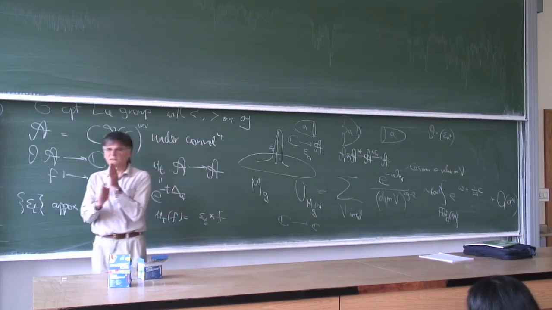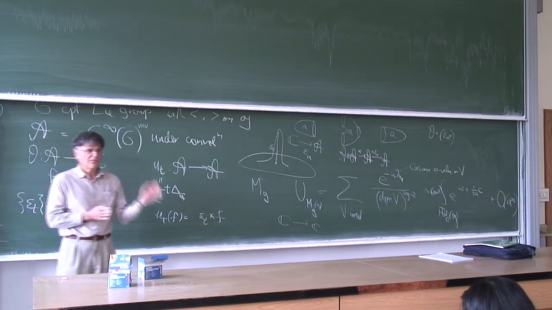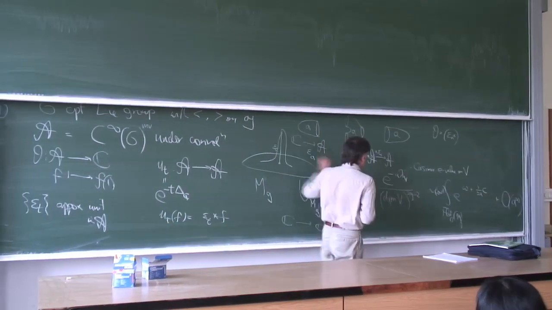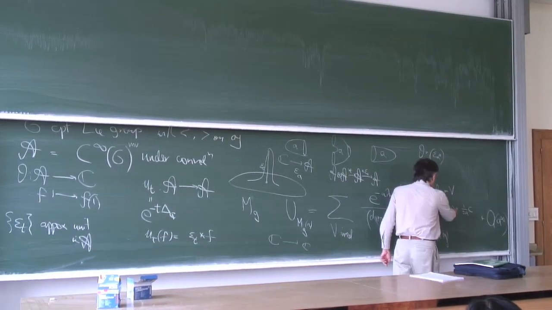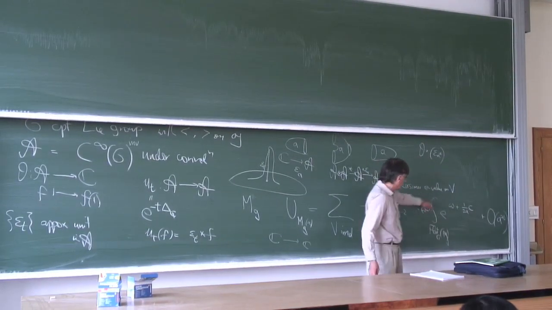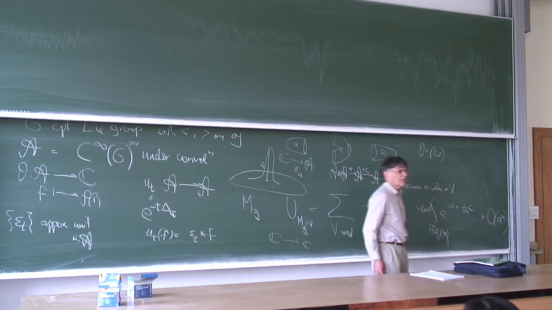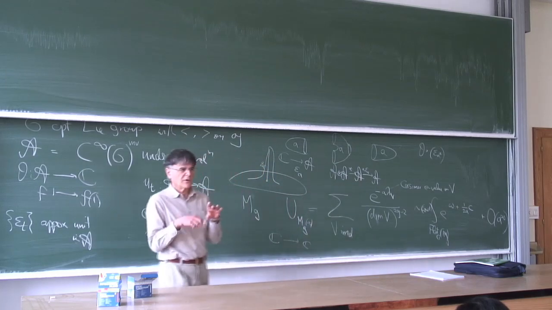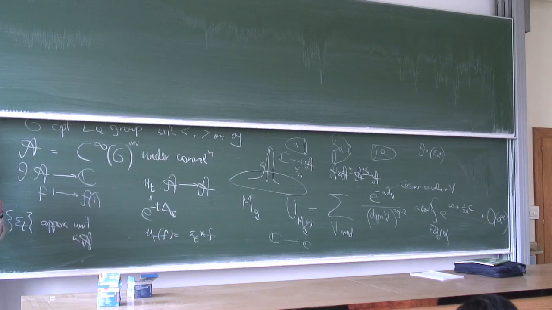Its tangent space at any flat connection is H^1 of the surface with values in the Lie algebra. With the cup product and the product of the algebra, that's a symplectic vector space, a symplectic manifold. This is its symplectic form. So this is a 2-form on the manifold, and this is a 4-form on the manifold, which is, you see, the inner product on the algebra gives you a quadratic function on the Lie algebra.